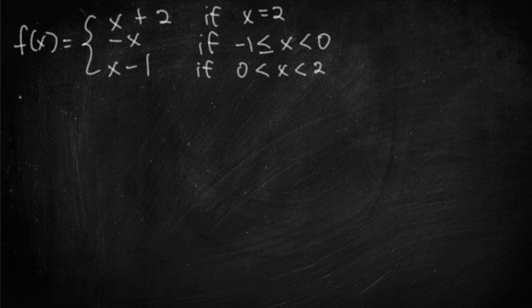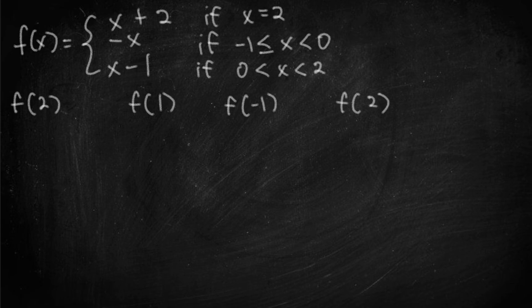Okay, so take a step back and look at this problem and evaluate this at these values: f of 2, f of 1, f of negative 1, and f of 2. So take a look at these problems and we will solve this later. And just pause the video if you want to try it for yourself.